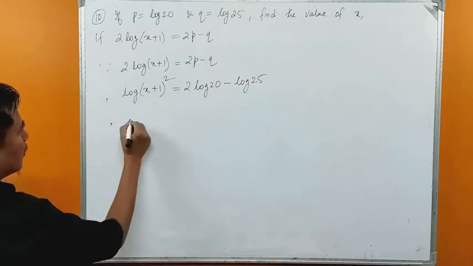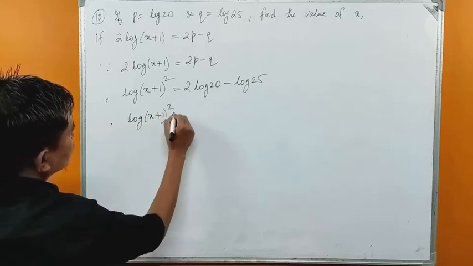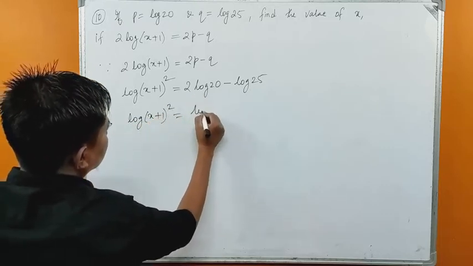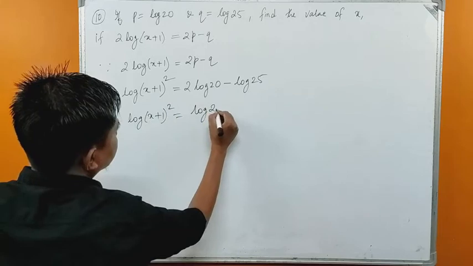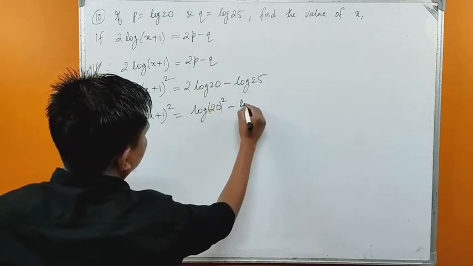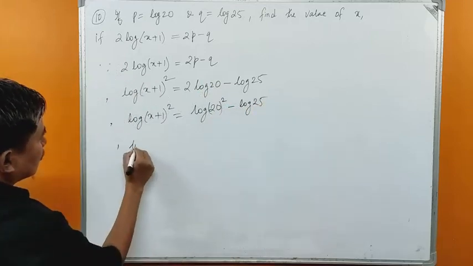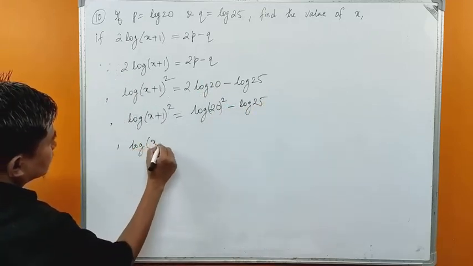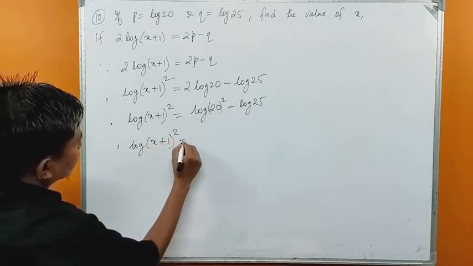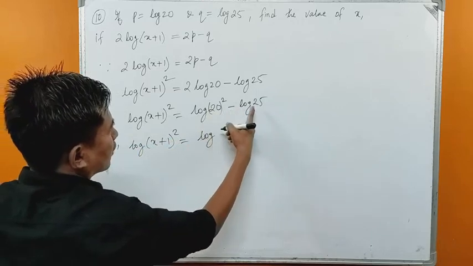Now log x plus 1 whole square equals to log 20, this 2 we take to the power, 20 square, minus log 25, isn't it? So log x plus 1 whole square equals to log m minus log n, isn't it?